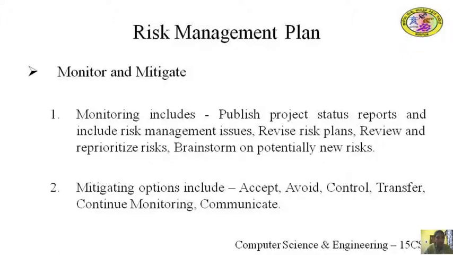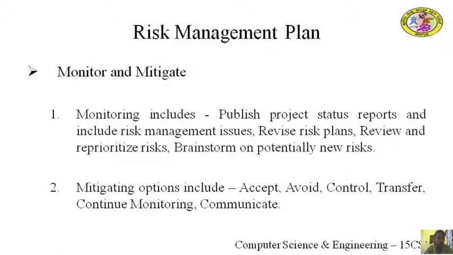Monitoring and mitigating the risk management plan. To be effective, software risk monitoring has to be integral with most project activities. Essentially, this means frequent checking during project meetings and critical events.